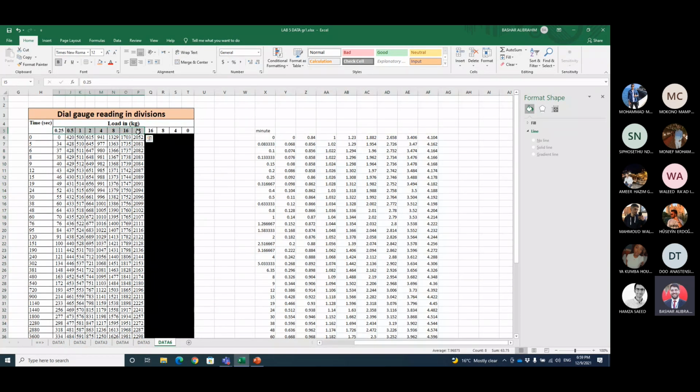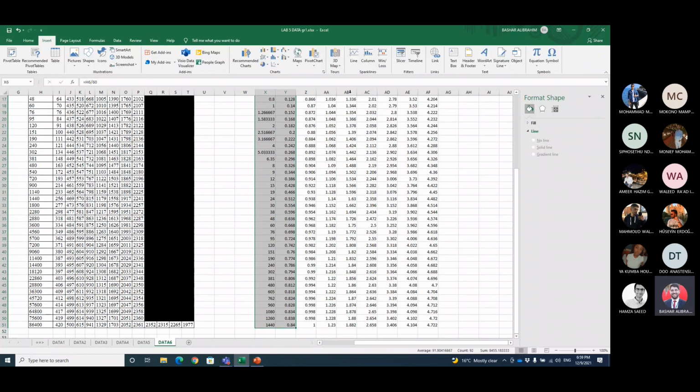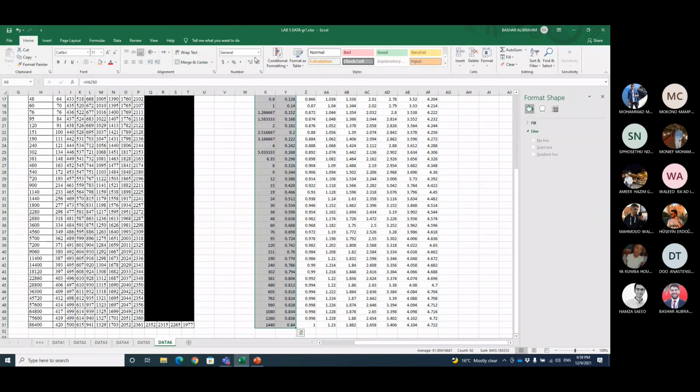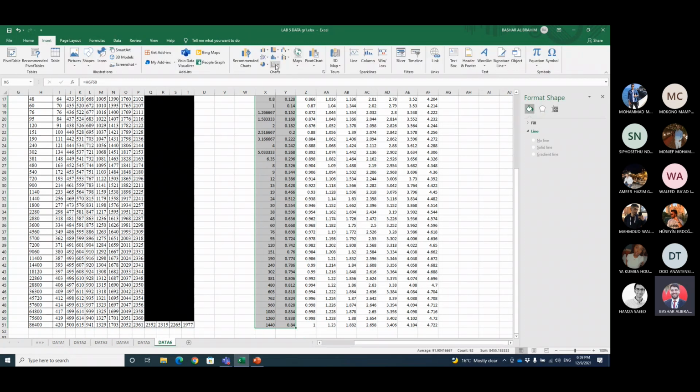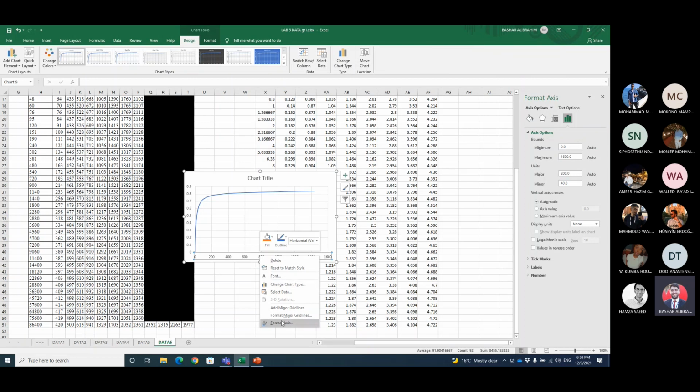Here we have the loads corresponding. Now one by one, I will plot the data, with or without data points. You can do both. Insert, and you can select smooth line because we have many points. Then format axis, logarithmic.